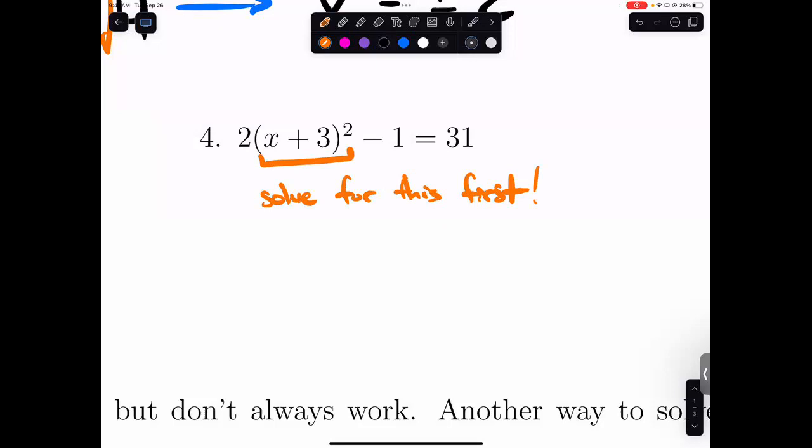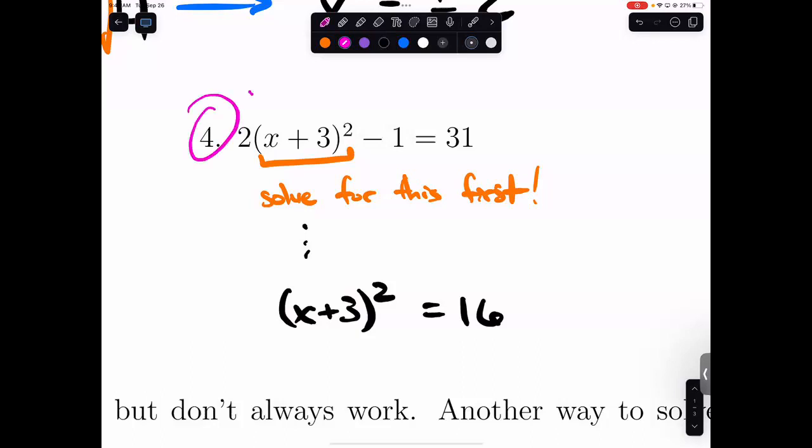Because when you take the square root of a square term, things cancel and you just get the stuff inside, right? 16, so you work out the details, but you should end up there, and then you can do a square root, and then you can go on and finish the thing. You do this.